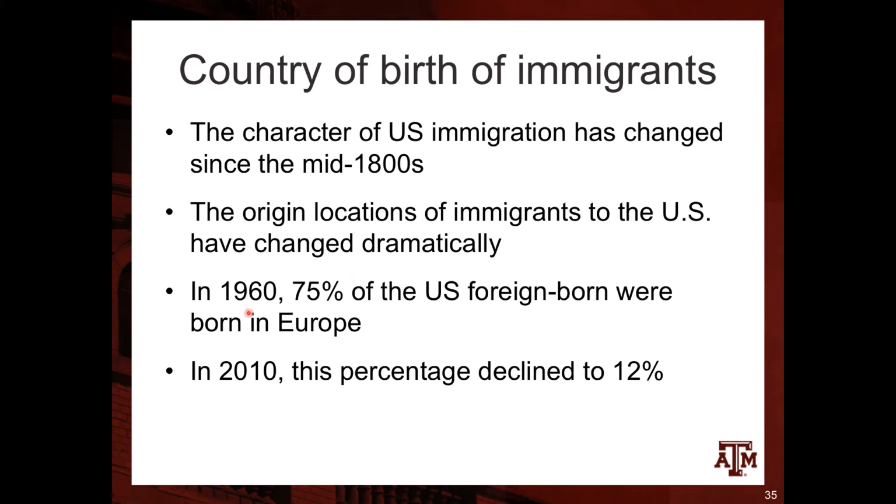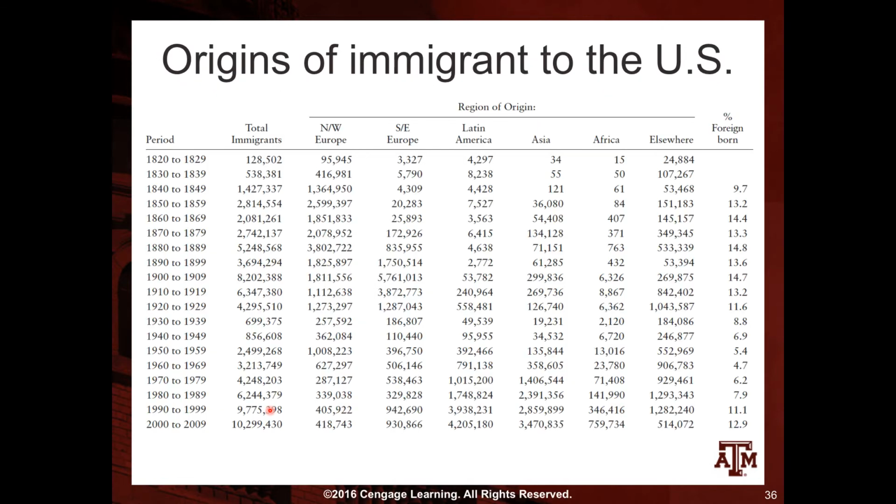So, for example, in 1960, 75% of the US foreign-born were born in Europe. By 2010, this percentage declined to only 12%, declining from 75 to 12% in these 50 years between 1960 and 2010. And this table here kind of summarizes that information.